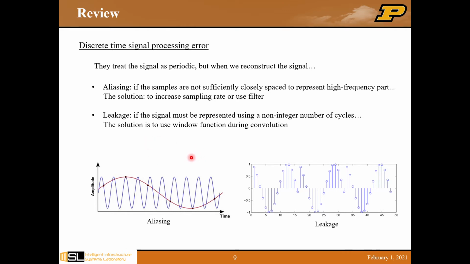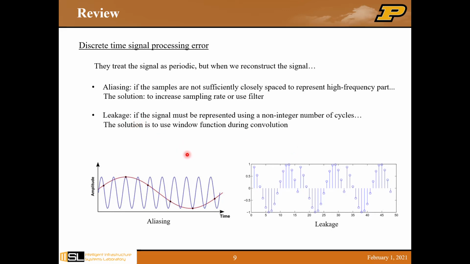As I mentioned before, discrete time signal processing assumes that the signal can be represented using an integer number of cycles. But if the original signal can only be realized by a non-integer number of cycles, then we will have some kind of discontinuity. As you can see here, this sharp change in the time history signal is related to the leakage issue.